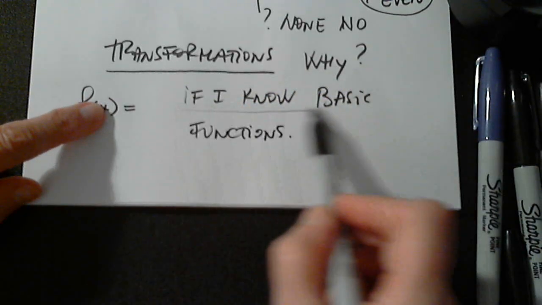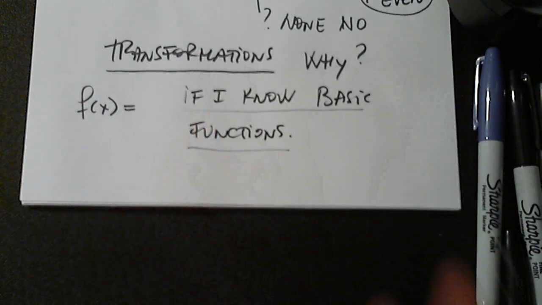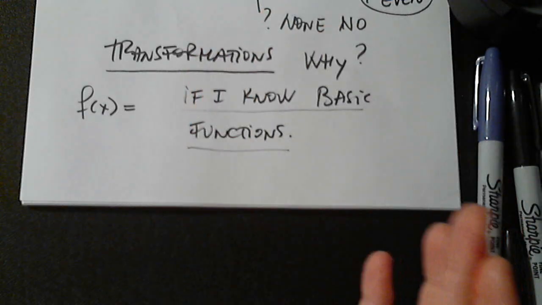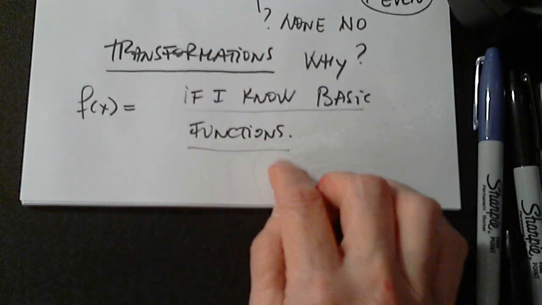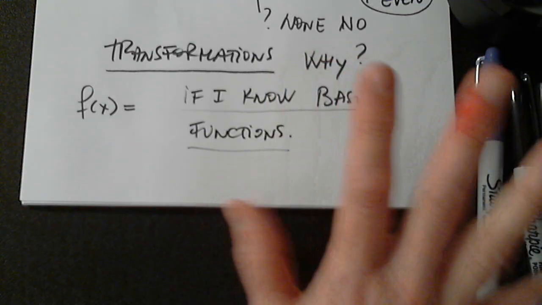If I do not know the graphs of the basic functions, transformations mean nothing. I won't be able to apply them. I will not understand how to apply them. But if I do know the basic functions and their graphs, of course, by basic I mean pure.